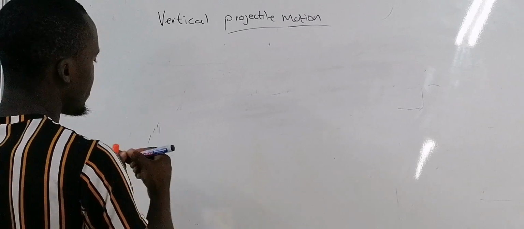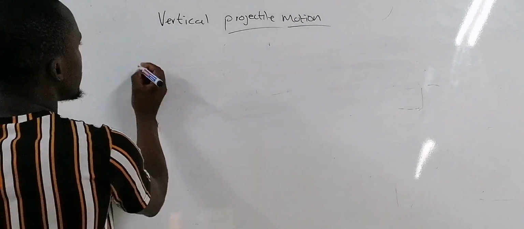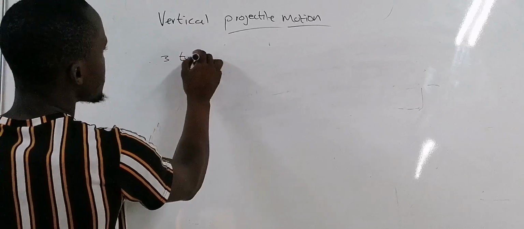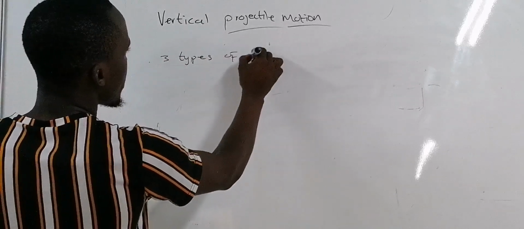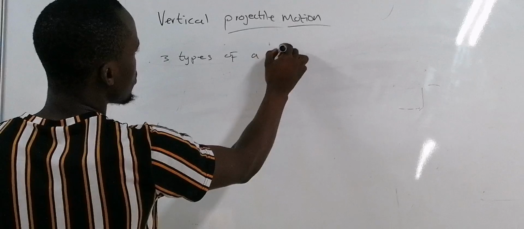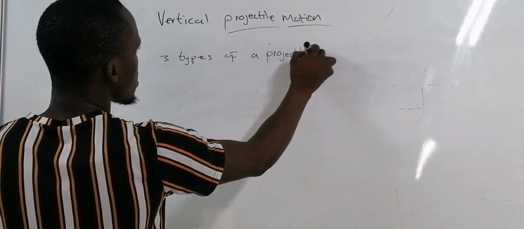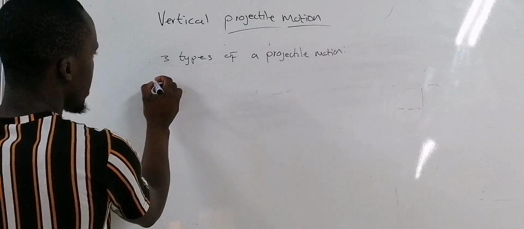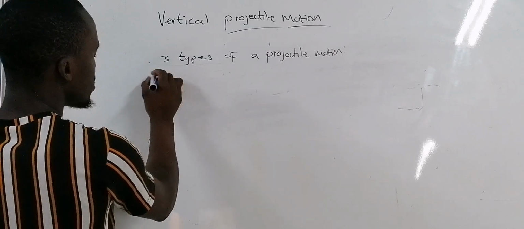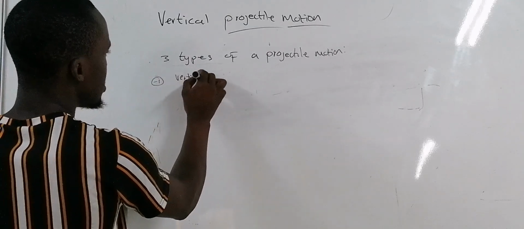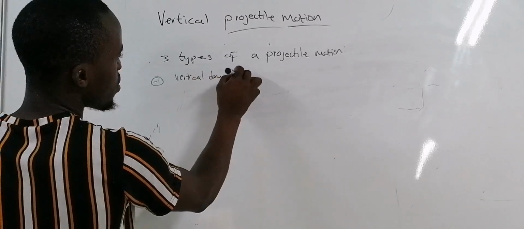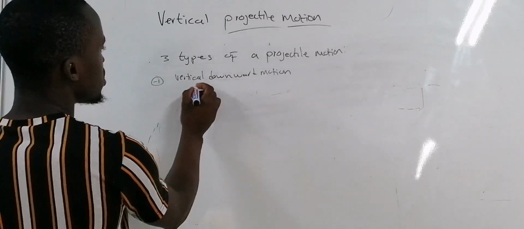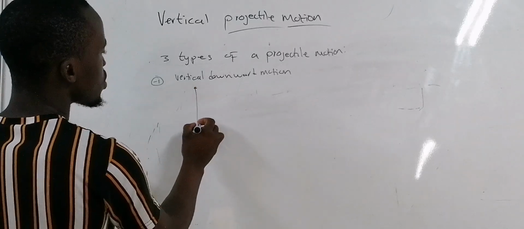We have three types of projectile motion. Number one, a vertical downward motion when an object is dropped.